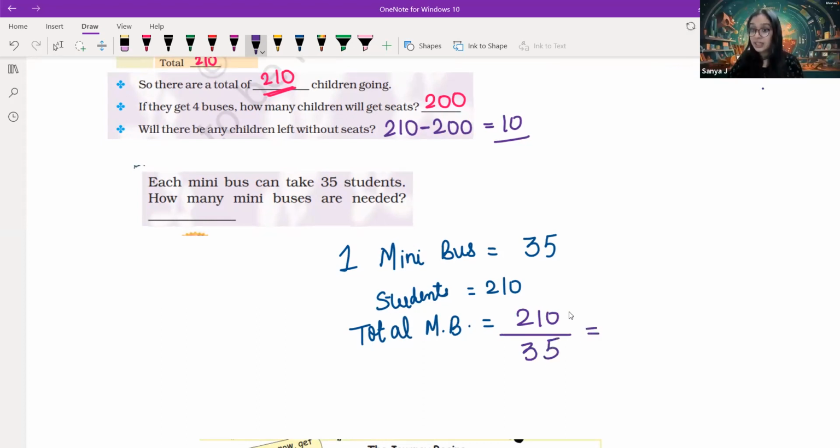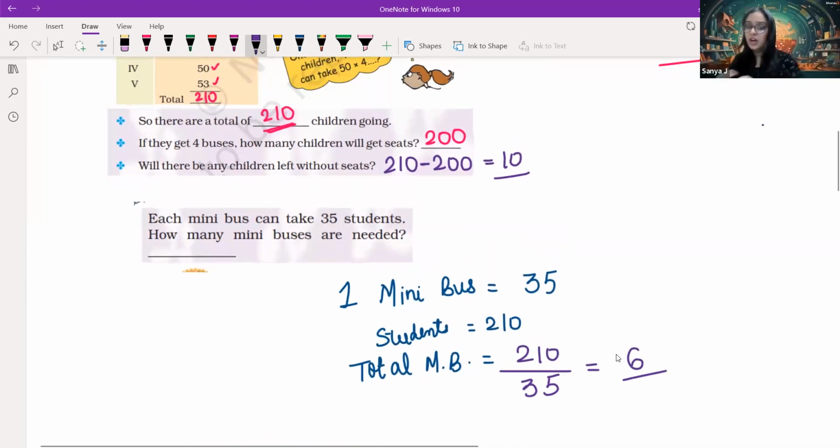When we divide, we get the answer 6. So if there are 6 minibuses, through these minibuses 210 students can go on the trip. So how many minibuses are needed? 6 minibuses are needed, right?